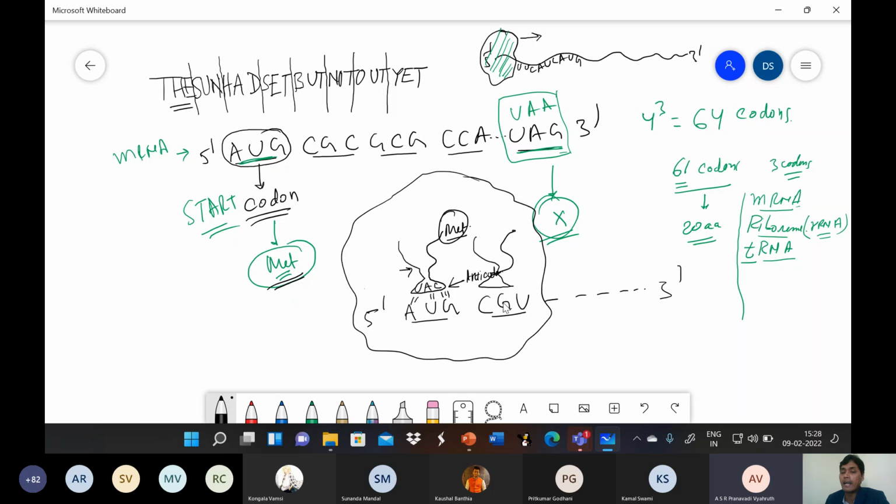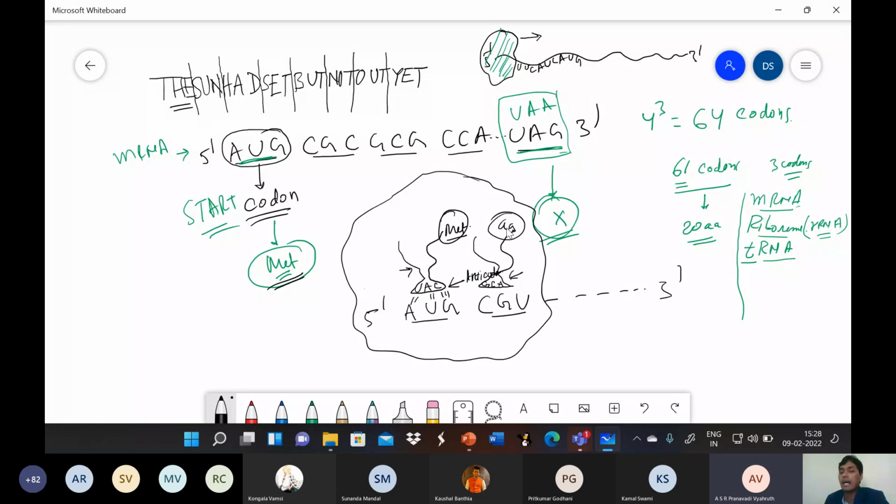This tRNA will bring another amino acid. And here in the anticodon loop, C, so here it should be G, C, A. So this is the anticodon sequence present in this tRNA.